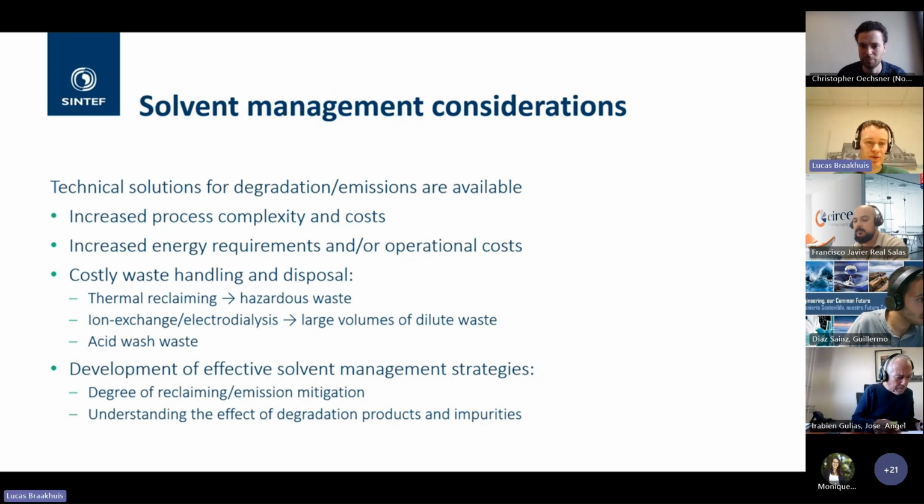So I think the real question here, and this is something maybe research should focus on, is finding effective solvent management strategies. So finding the right degree of reclamation or emission mitigation, where the process can be kept at good operating conditions without spending too much cost on managing reclaiming and emissions.